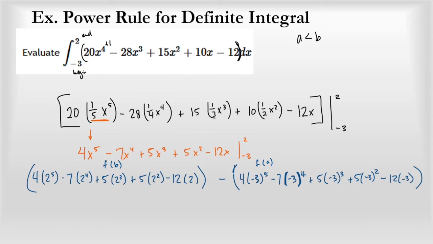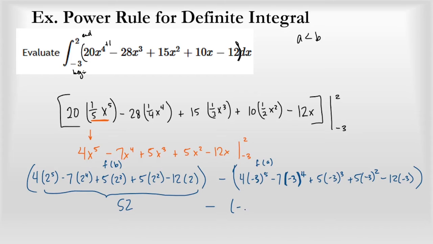When you evaluate these, this first term up here is 52. All of this simplifies down to 52, and then I get a minus. The next term is -3 to the 5th power, so we're going to get large numbers there.